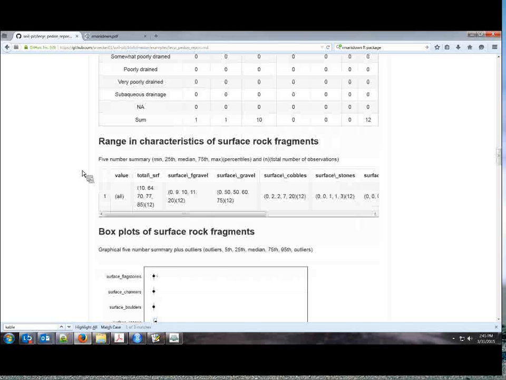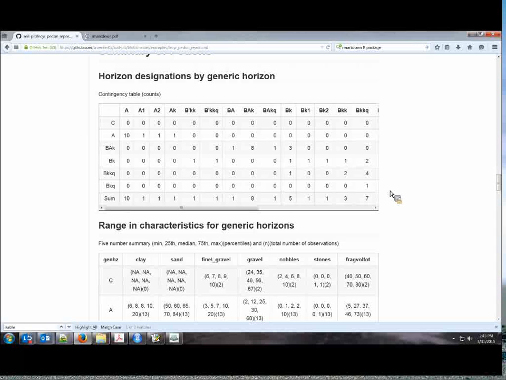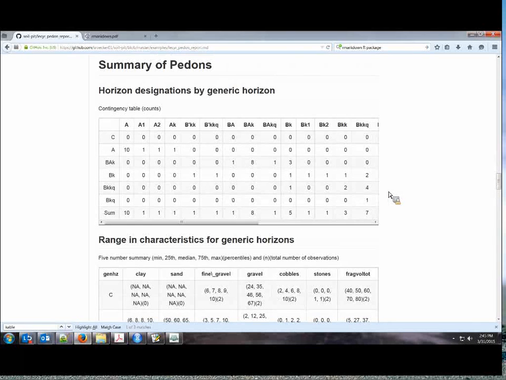And now we're getting back down into the stuff we were covering just a minute ago with the generalized horizon labels. Again, the column headers are the original horizon descriptions, and then what they match up with in our generalized horizon scheme.